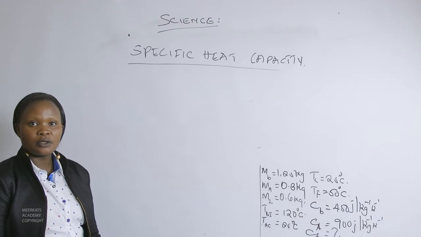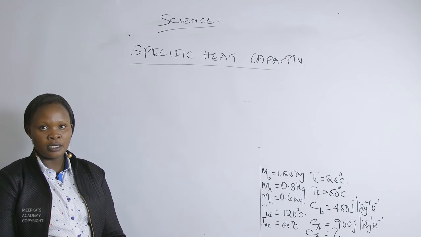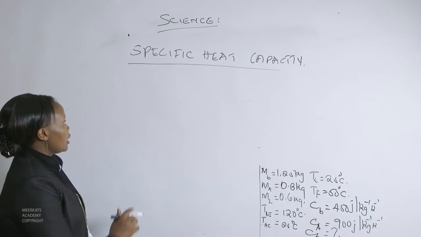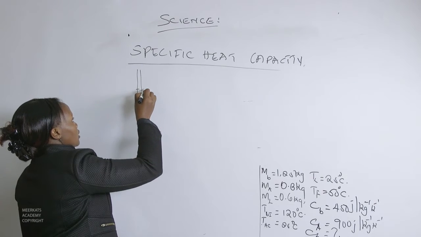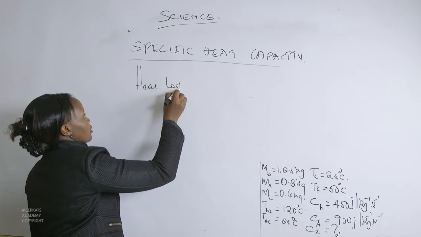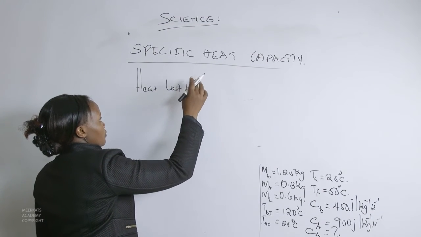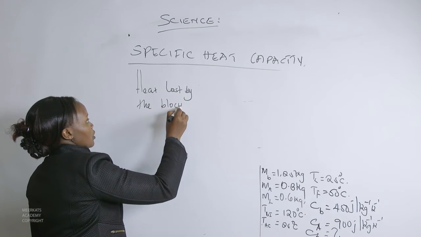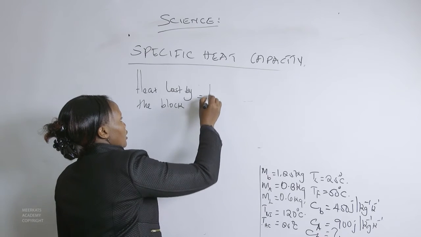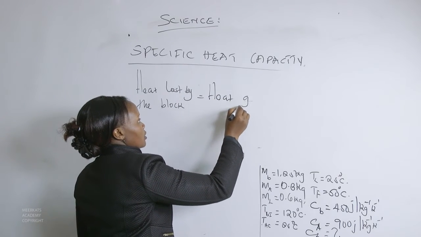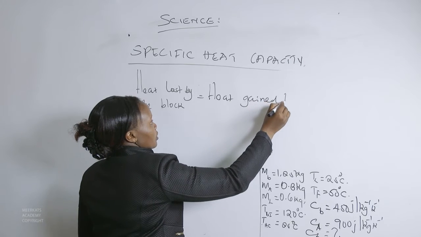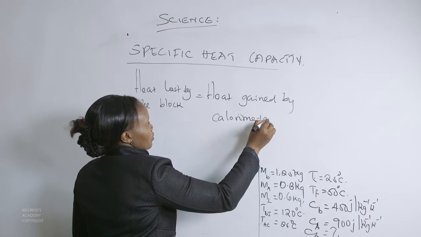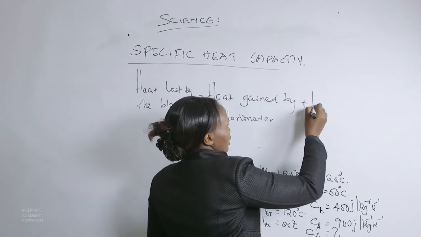Here, what is losing temperature and subsequently energy is the block. Therefore, we say heat lost by the block is equal to heat gained by the calorimeter plus heat gained by the liquid.